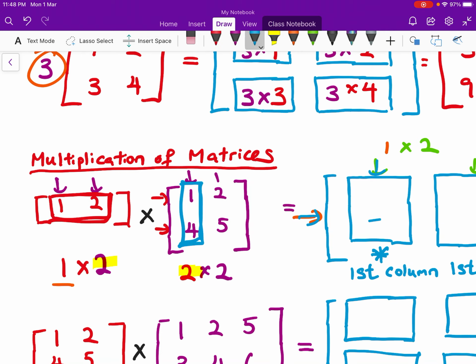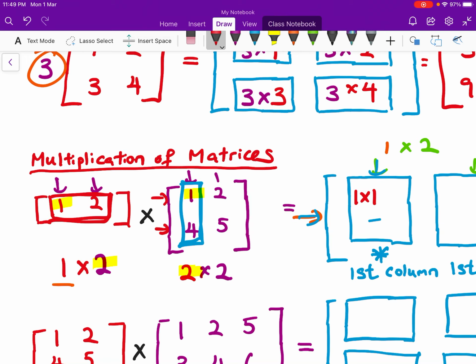The first matrix is always your column, the second matrix is always your row.